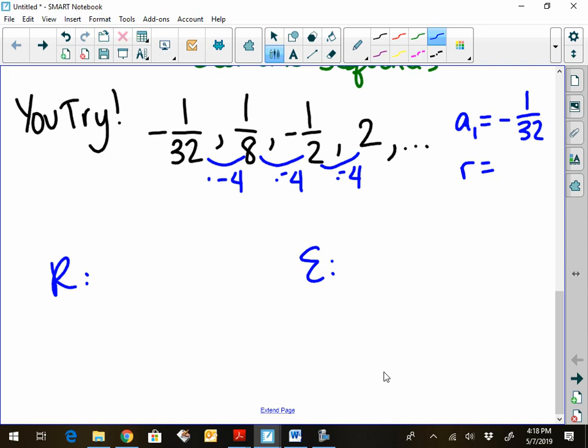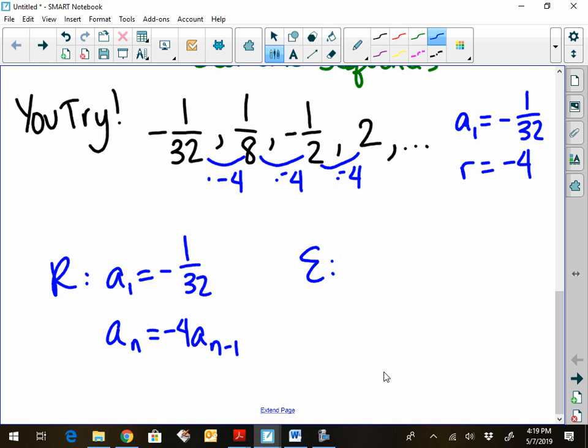So then, if I have negative 4 as my common ratio, I can write my different forms. So recursive: a sub 1 equals negative 1 over 32, and a sub n equals our ratio, which is negative 4, times a sub n minus 1. So the term before that, we multiply by negative 4.